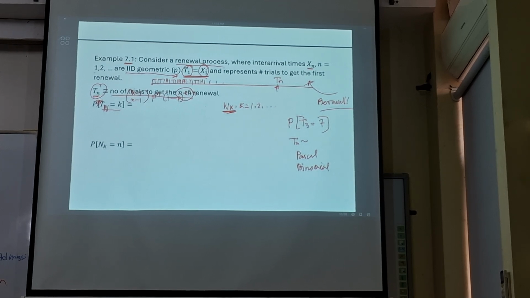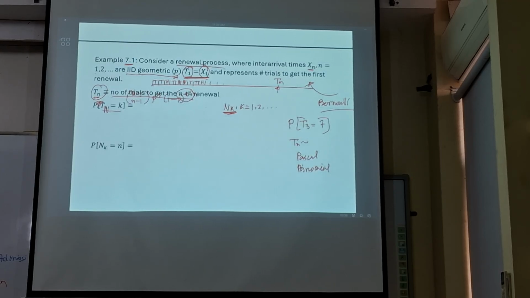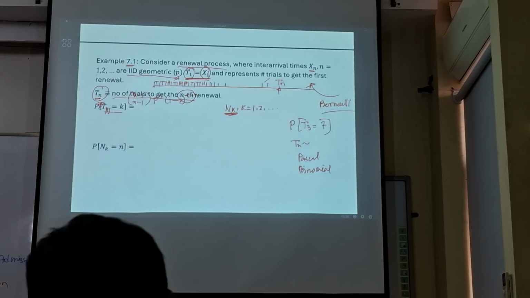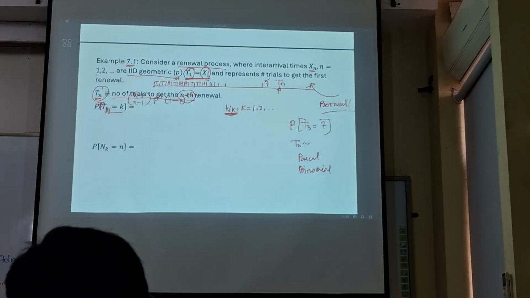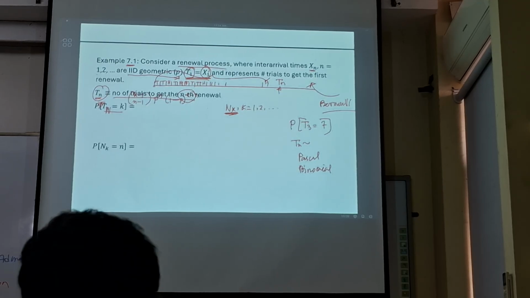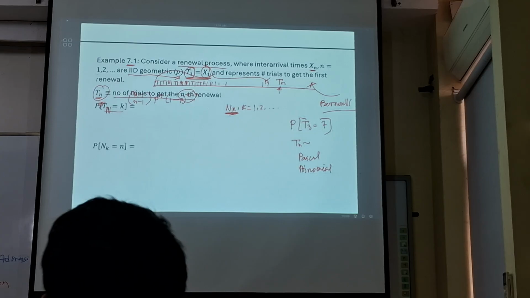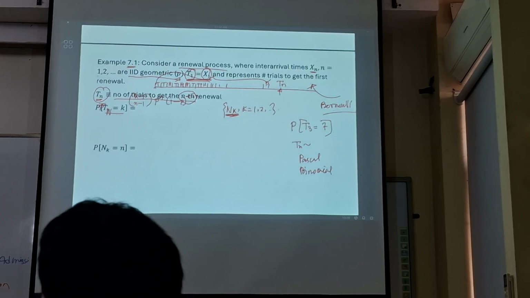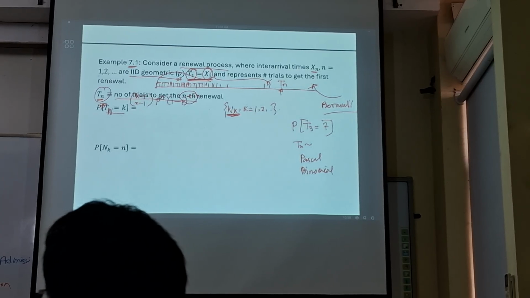By k tries, how many heads you have got. So by k intervals, N of k is the number of successes that occur. So this one is the renewal process. Is this clear?